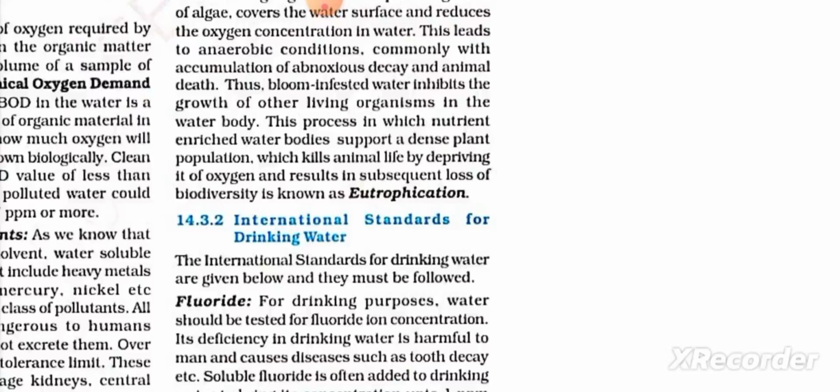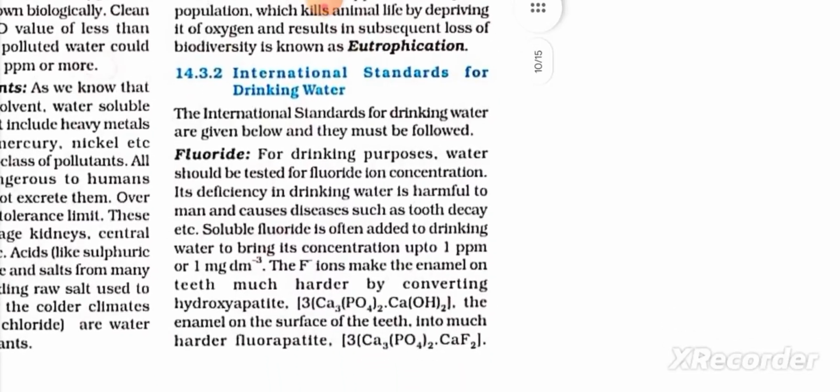Thus, algal blooms in water inhibit the growth of living organisms in water bodies. The process of nutrient enrichment of a water body supporting a dense plant population, which kills animal life by depriving it of oxygen and results in the subsequent loss of biodiversity, is known as eutrophication.